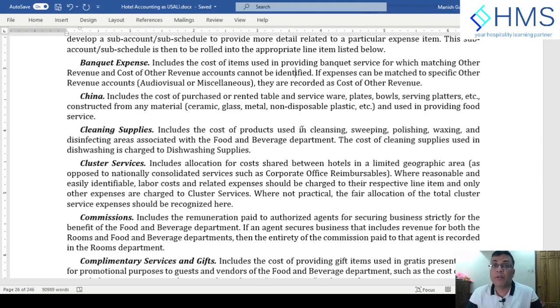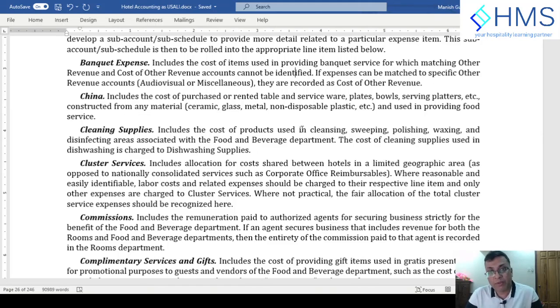So the labor cost of the food and beverage director will be charged to the labor cost. However, any other cost, such as his traveling cost, his office stationery cost, or any other cost associated with his services, will be charged to the cluster services.